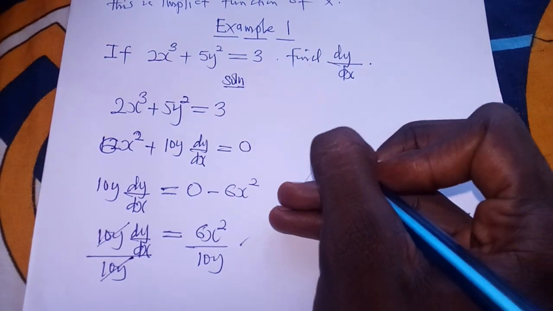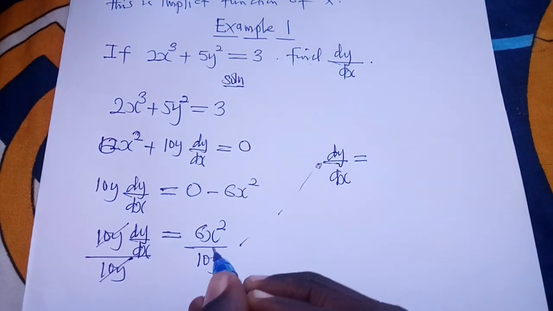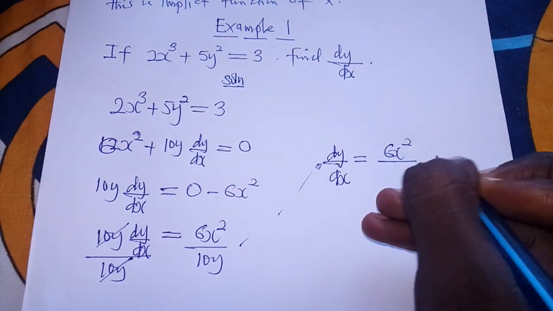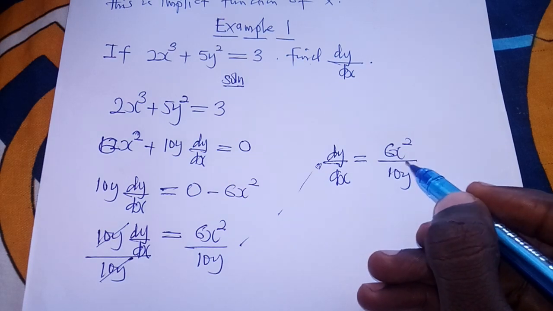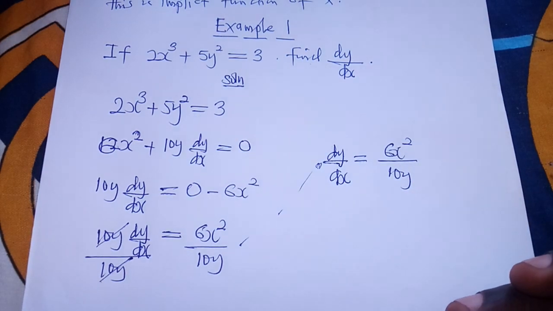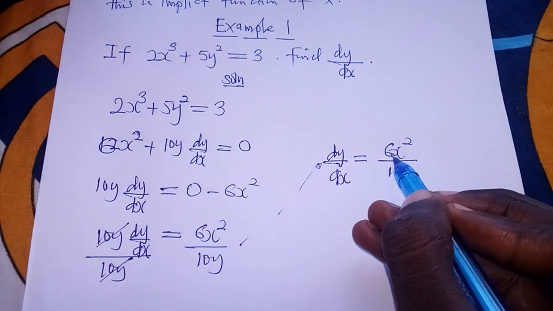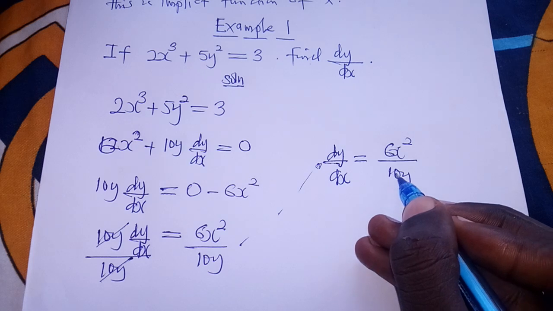Now we have dy upon dx becomes minus 6x square divided by 10y. But we know 2 is common here, so let's use 2 to divide for us to have our final answer. Then from this, we see how many times 2 goes into 6, it is 3 times, and how many times 2 goes into 10, it is 5 times.